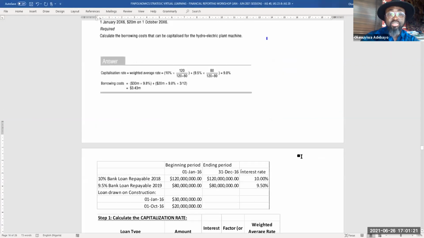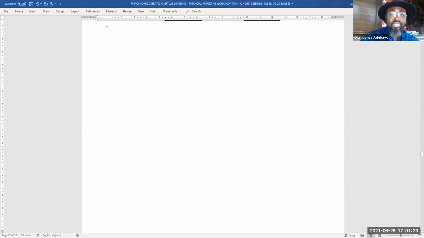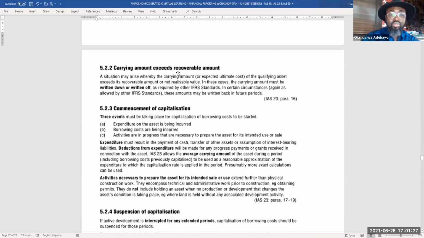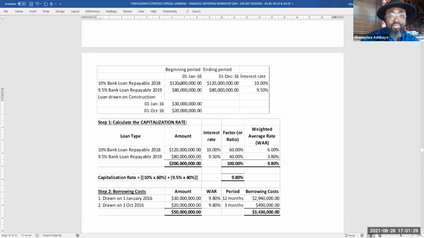Okay, I've copied the solution there. Now let's look at other critical areas.